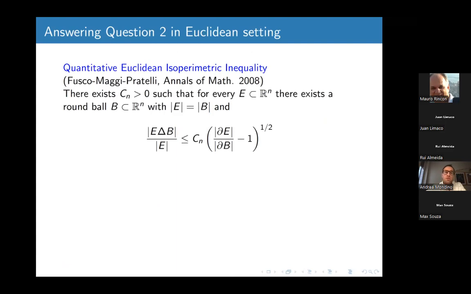Okay, so when the space is fixed, let's start with the Euclidean isoperimetric inequality. This is a result by Fusco, Maggi, and Pratelli, which goes under the name of quantitative Euclidean isoperimetric inequality.